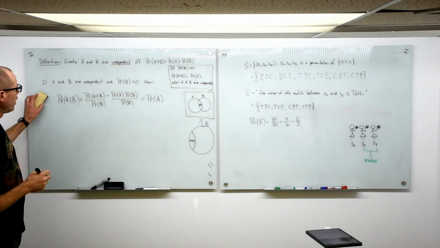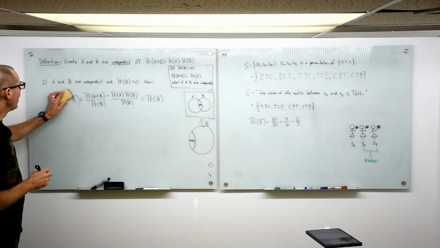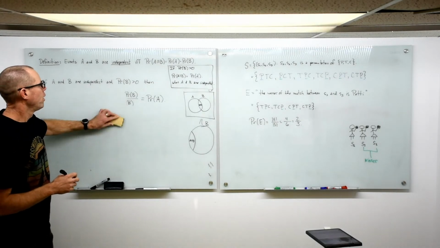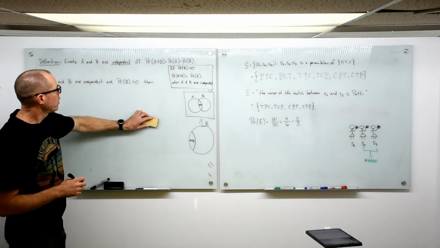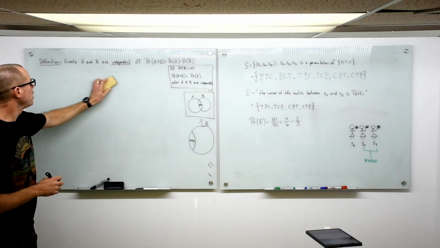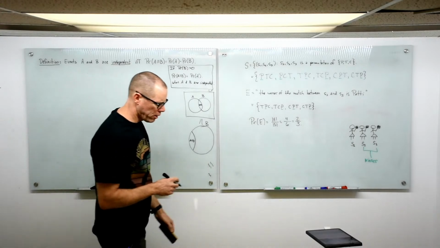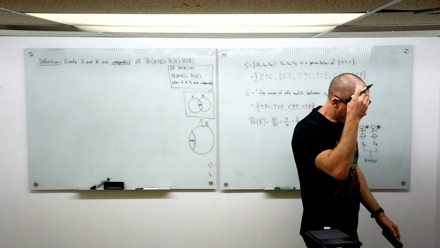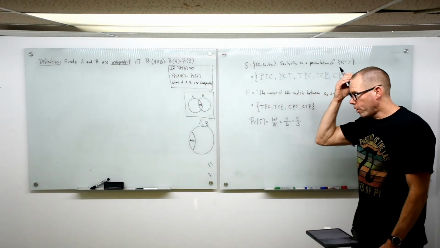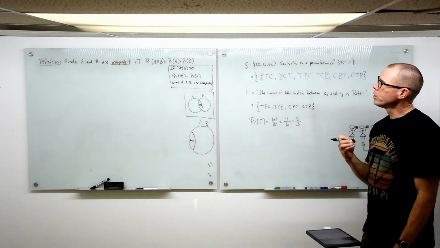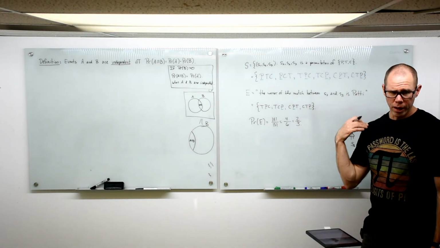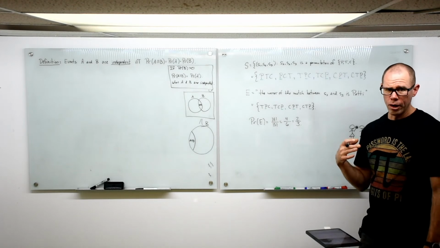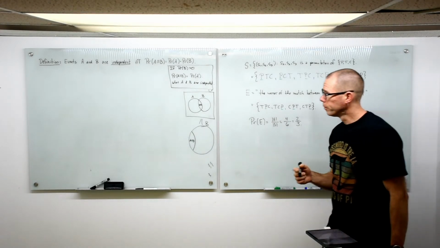Okay, and a little bit about language, because this is what it means for A and B to be independent, and I want to be clear about terminology. We're just going to say that A and B are either independent or A and B are not independent.